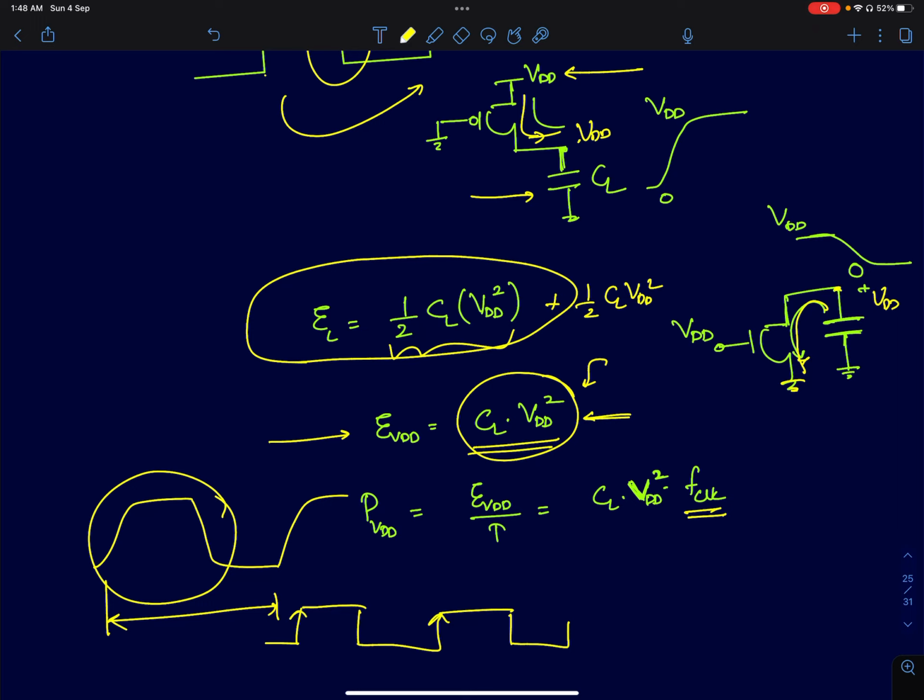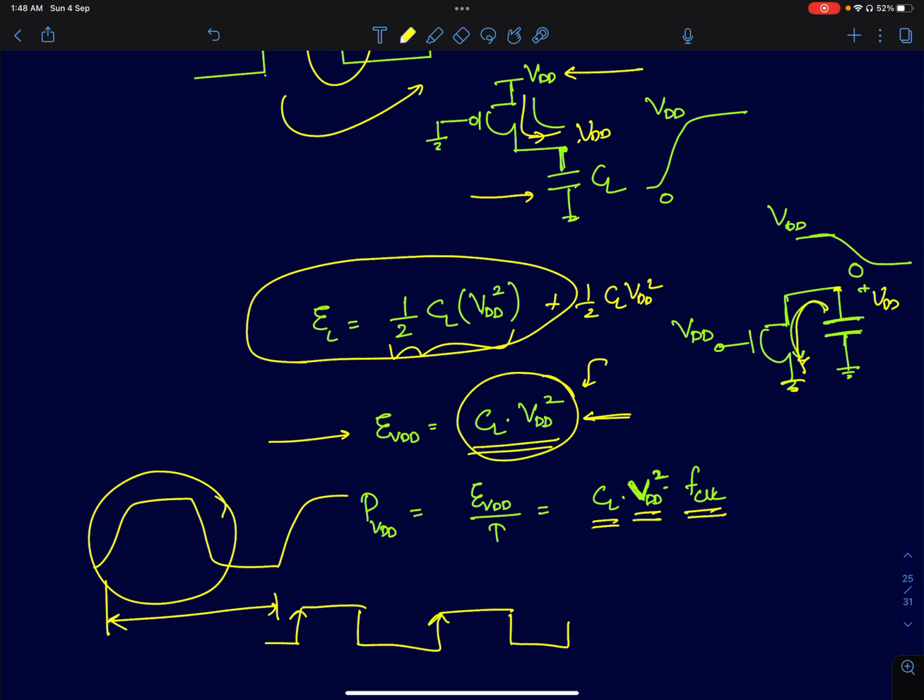Okay, and this power also has a quadratic dependence on the voltage. So if you increase the voltage by, say, 10%, you should expect to see a 20% increase in the dynamic power dissipation. And it's again directly proportional to the load capacitor itself. So this is what we call dynamic power dissipation.